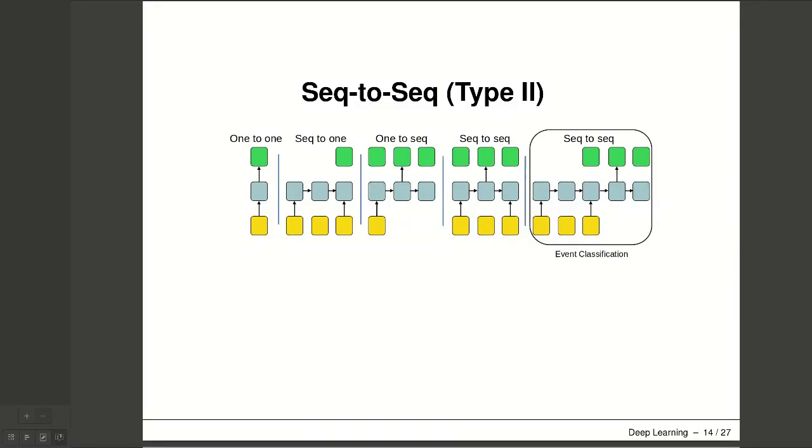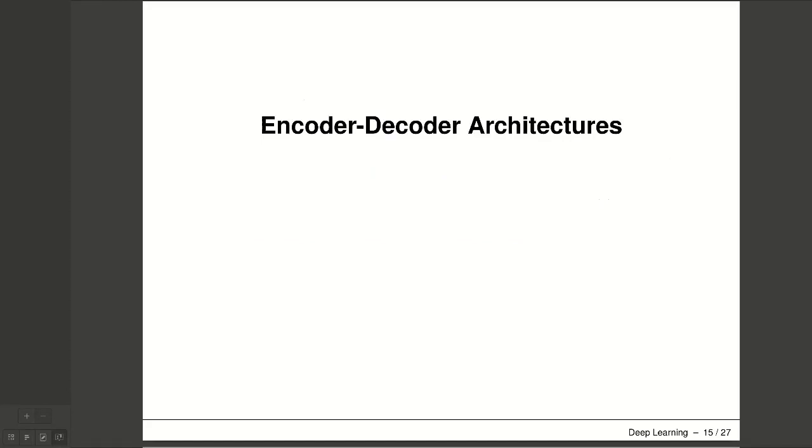Applications like chatbot, machine translation, and event classification can be examples of this type of recurrent neural network.